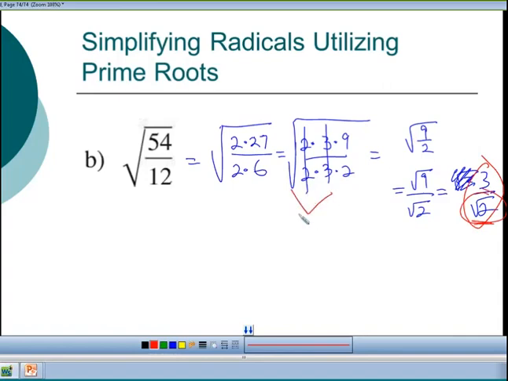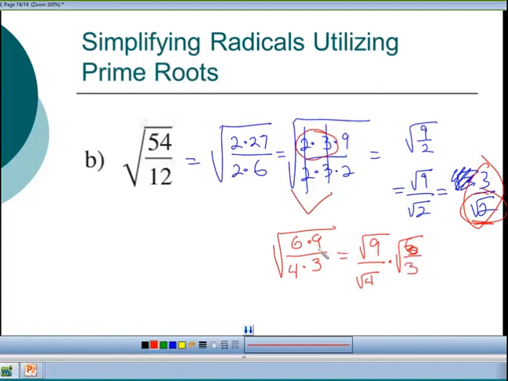I could have rewritten this to be the square root of, if I combine these, 6 times 9 over 4 times 3. What I could have done then would have turned it into the square root of 9 over the square root of 4 times the square root of 6 over 3.